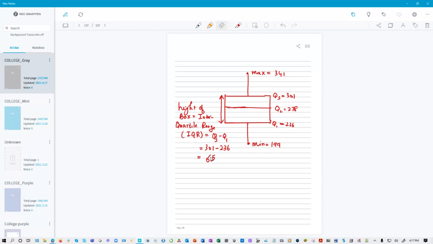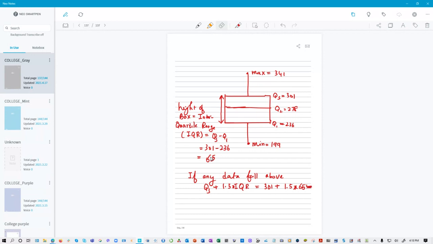Height. See? But when we put the data into this one, some data we suspect are going to be outliers, unusual. How do you figure them out? If any data falls above Q3 plus 1.5 times IQR, that means Q3, 301, plus 1.5 times IQR, which is 65.